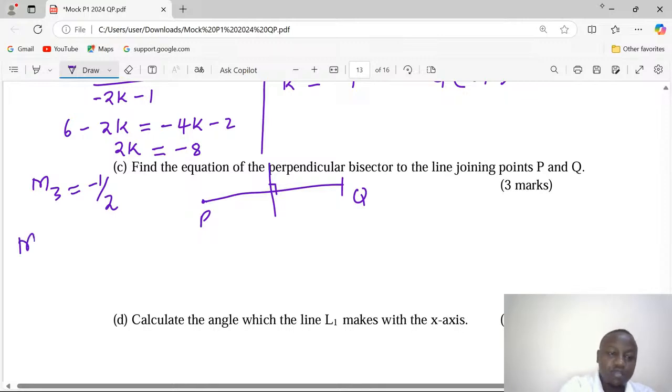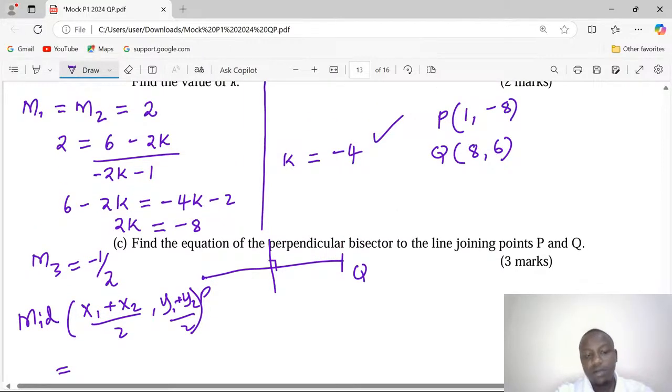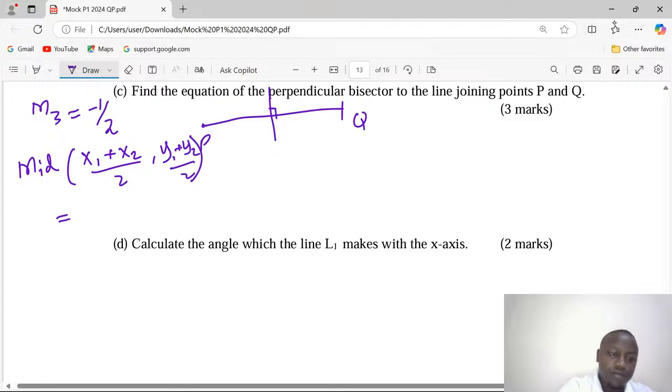And for us to get the midpoint, we usually take the first x plus the other x, and we divide by 2. Then the first y plus the second y, we also divide by 2. So the x's: 1 plus 8 over 2.